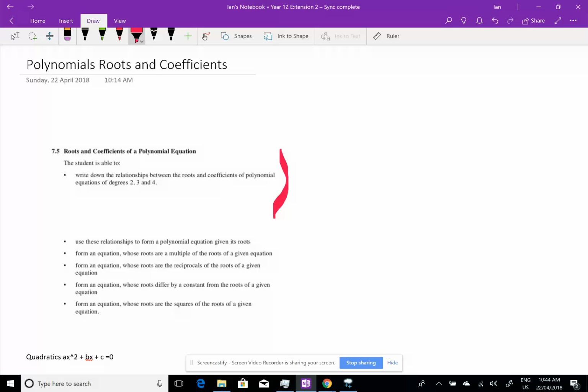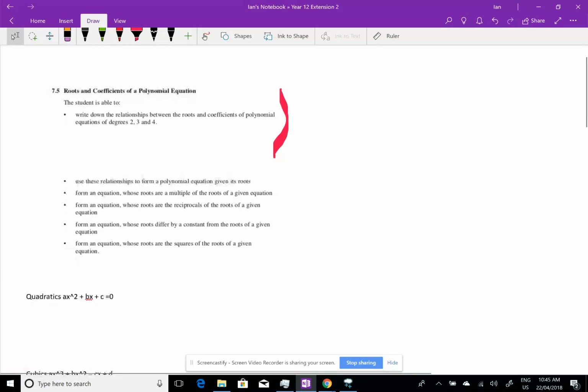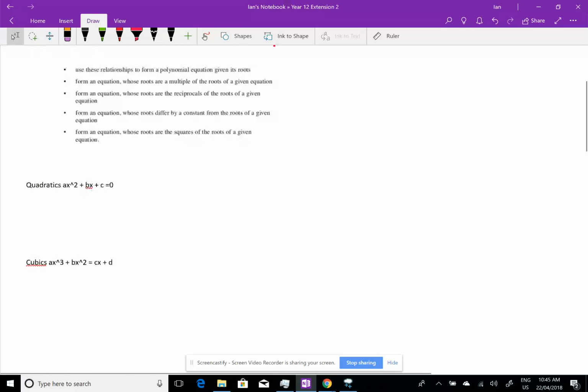The student is able to write down the relationship between the roots and coefficients of polynomial equations of degrees 2, 3, and 4, which is quadratics, cubics, and quartics. Now, you already know this, and this is work that we've done in Extension 1, but let's have a look.